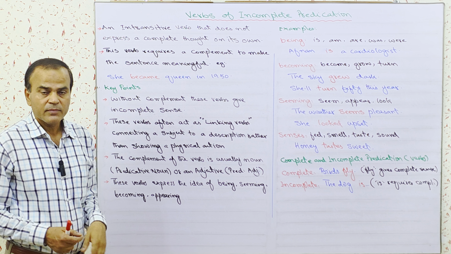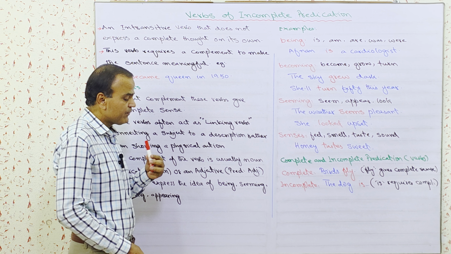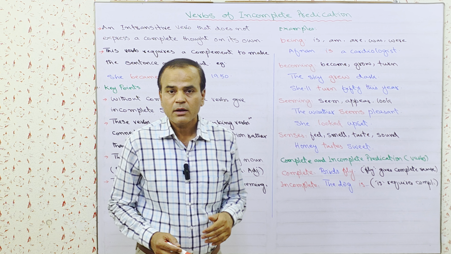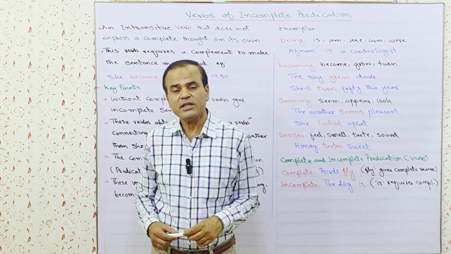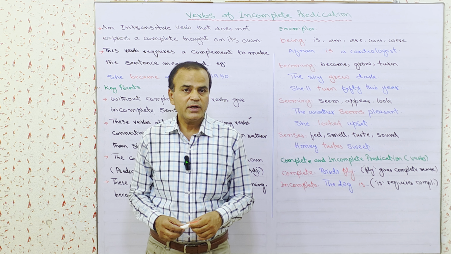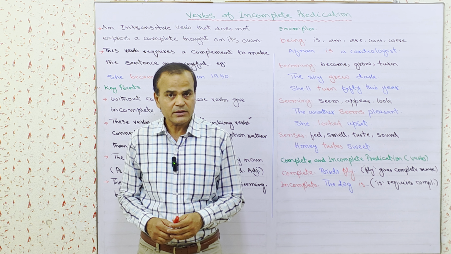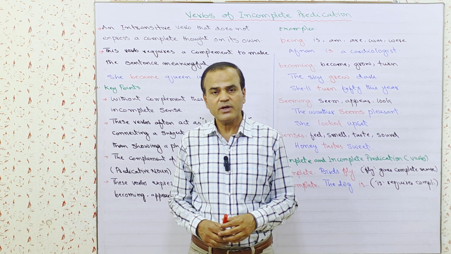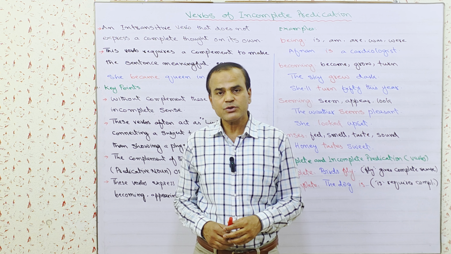These verbs often act as linking verbs, connecting a subject to a description rather than showing a physical action. Basically the function of the verb is to show physical activity. Another function of the verb is to show state of existence. But the verbs of incomplete predication do not show physical action.